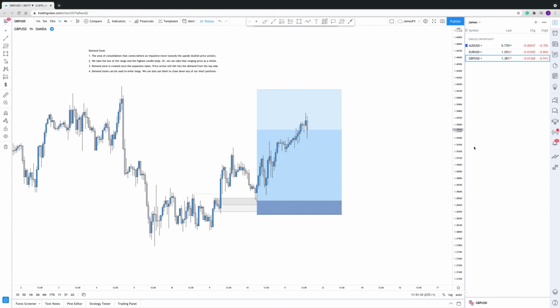So now we've got an example of a demand zone where we've got an expansion up, which came after a consolidation / a range bound market, and price then came back into it. So if we just take a look at this example, we had this range here.